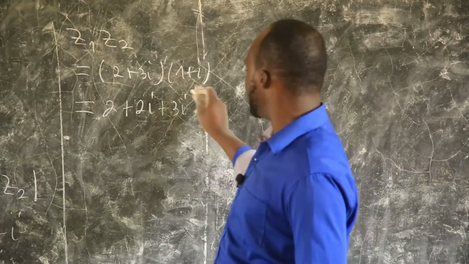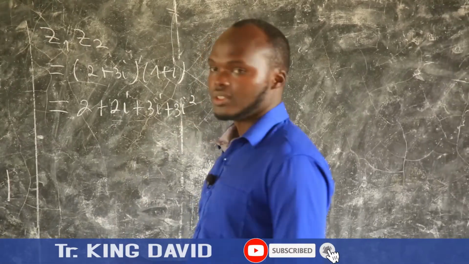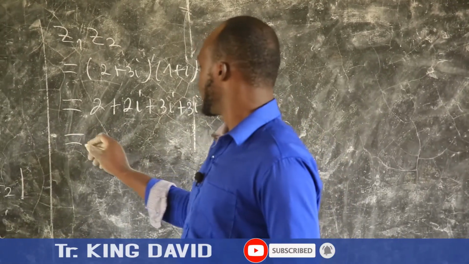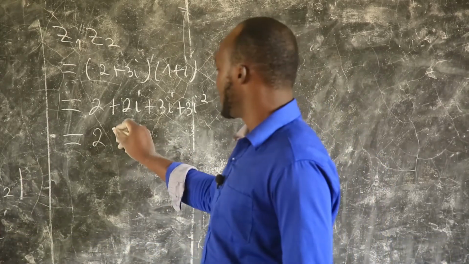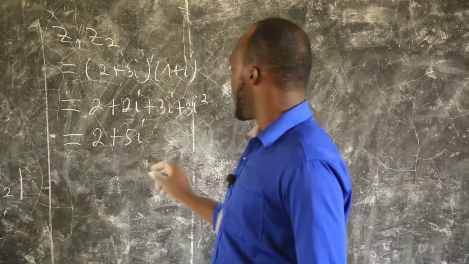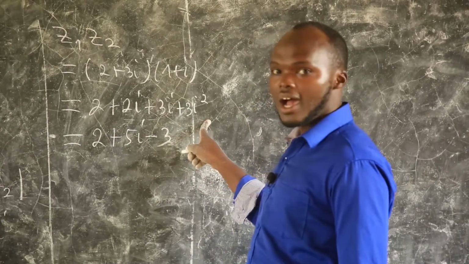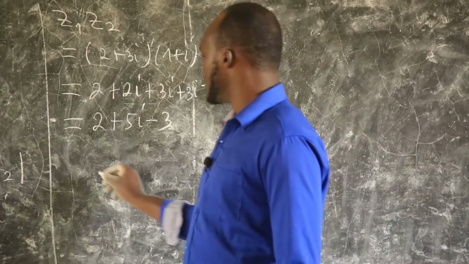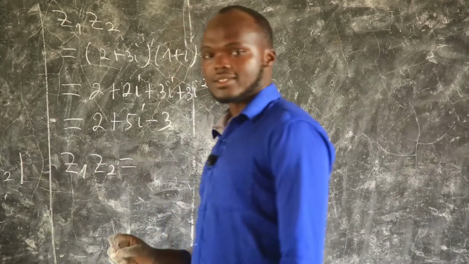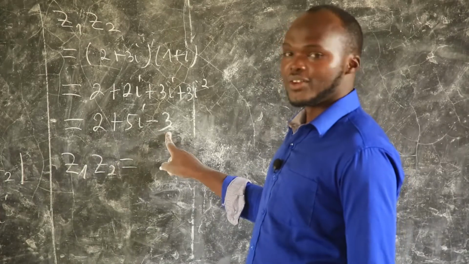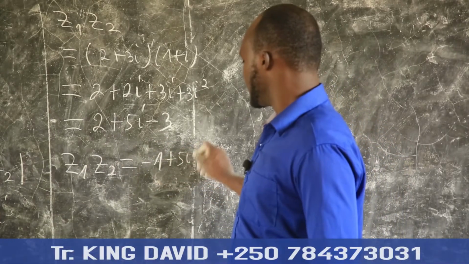Then 3i times i is 3i squared. 2i plus 3i is 5i. 3i squared is negative 3, because i squared is negative 1. So z1 times z2 is 2 minus 3, that is negative 1, plus 5i.